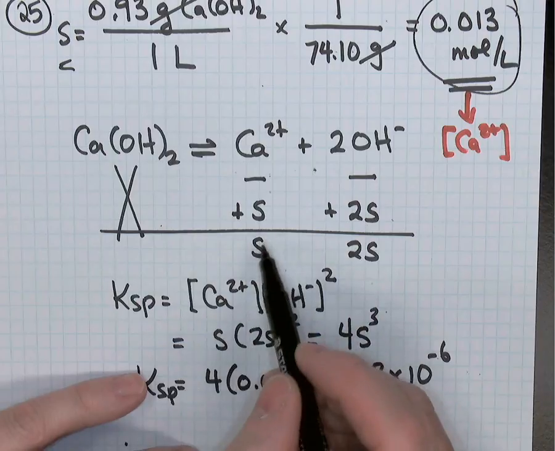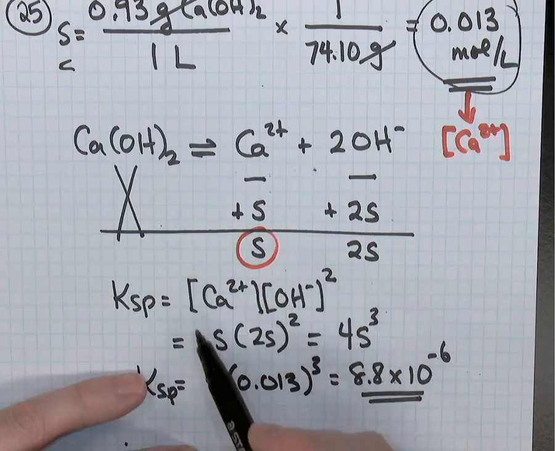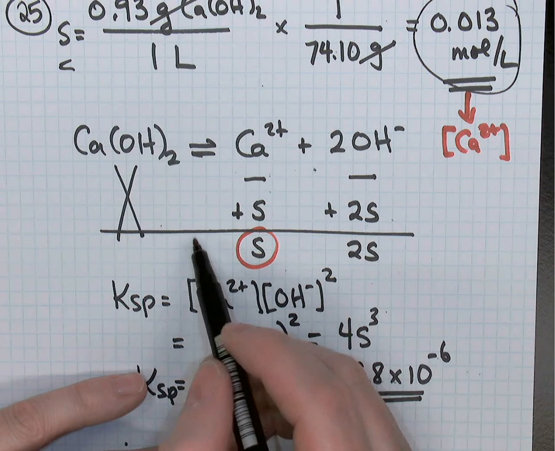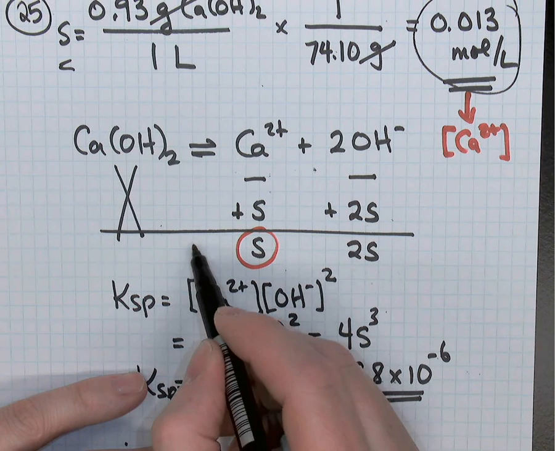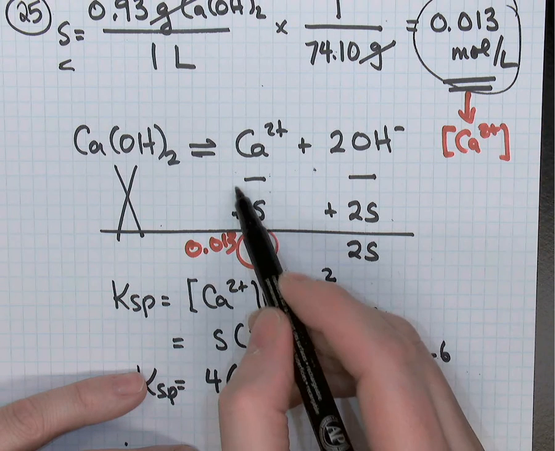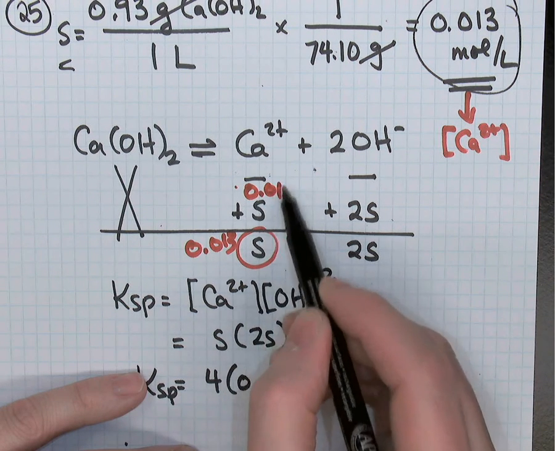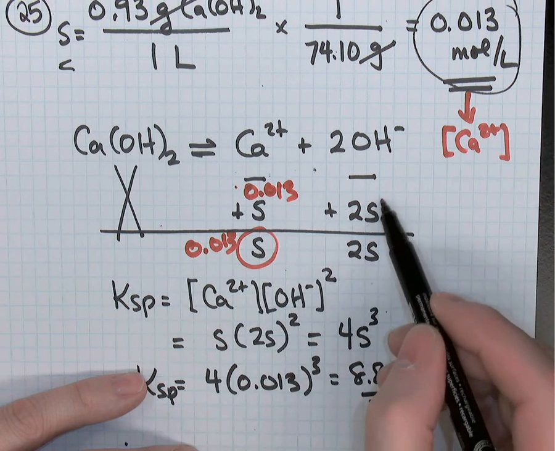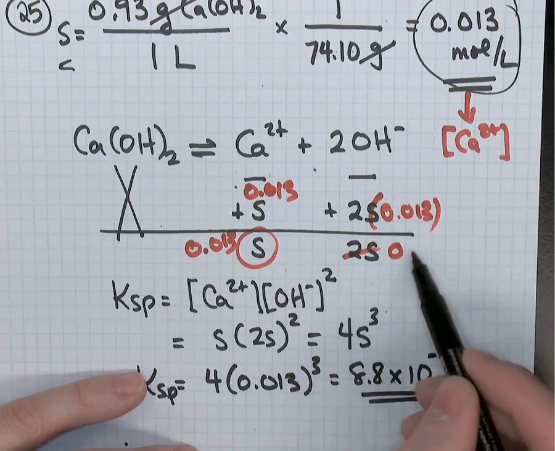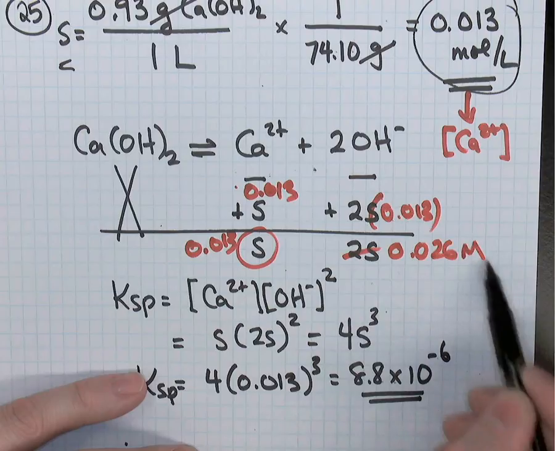So someone may have chosen, instead of putting an S in the ice table here, they may have said, well, we know the solubility is 0.013, so why don't we say it equals 0.013? And then this would have gained 0.013. This would have gained 2 times 0.013, and you would have had 0.026 molarity here.